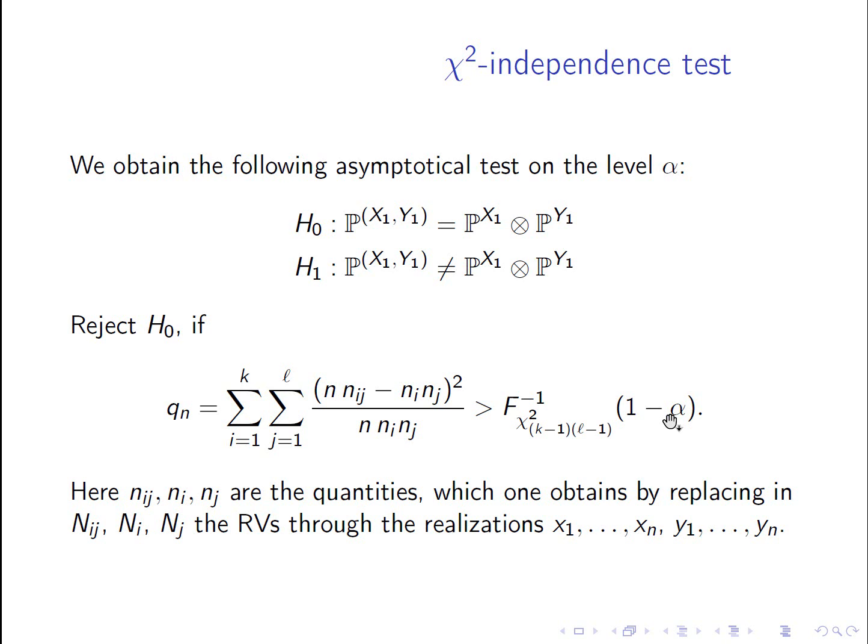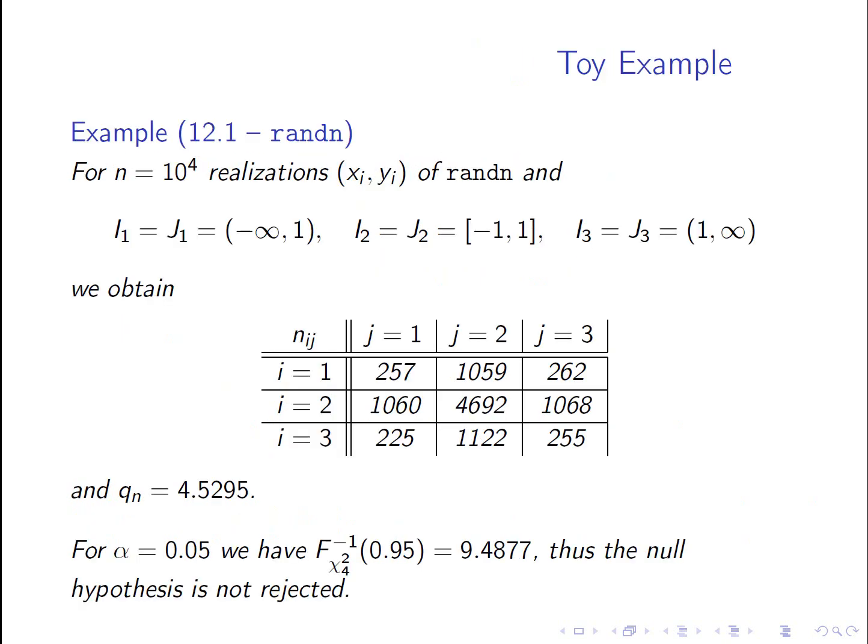Okay, and let's do another example. It's a toy example. Random numbers which are standard normal, or which appear to be standard normal, are important, and here we are checking randn, a built-in MATLAB generator, and I have generated here 10 to the power 4 realizations of randn.